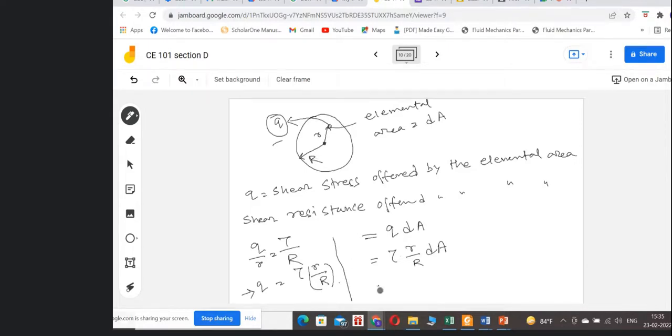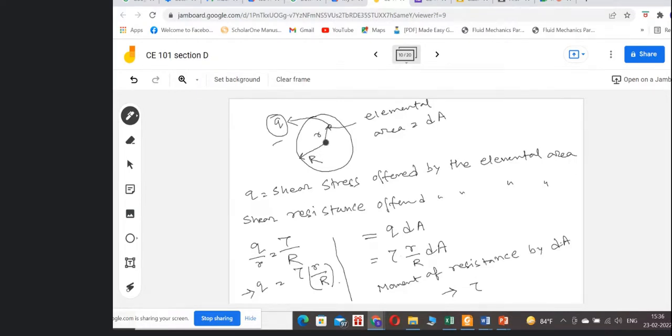Now, if we want to calculate the moment of resistance offered by the elemental area dA, this is the force acting on this area, and the moment of resistance by this area at the center point, or at the shaft axis, will be: this is the force and this is the distance.